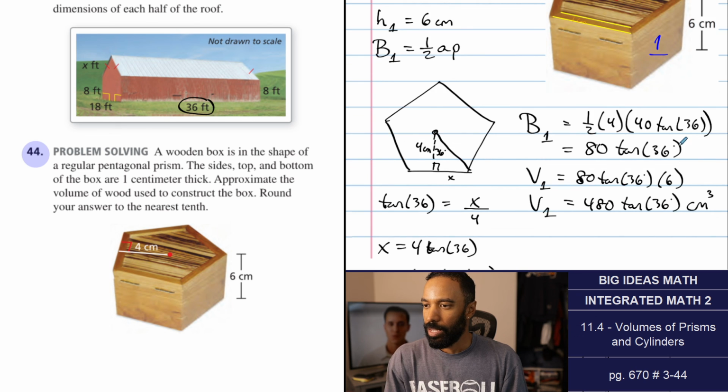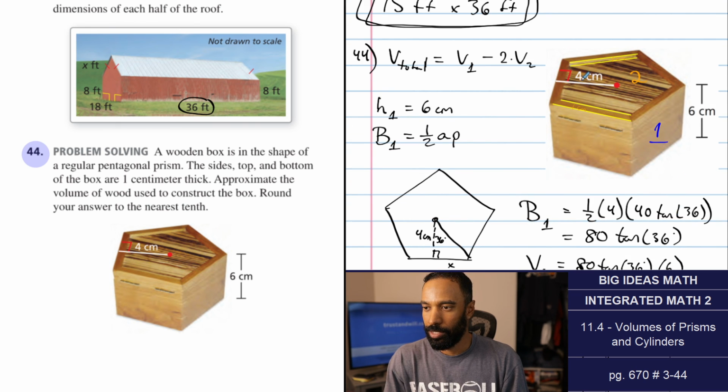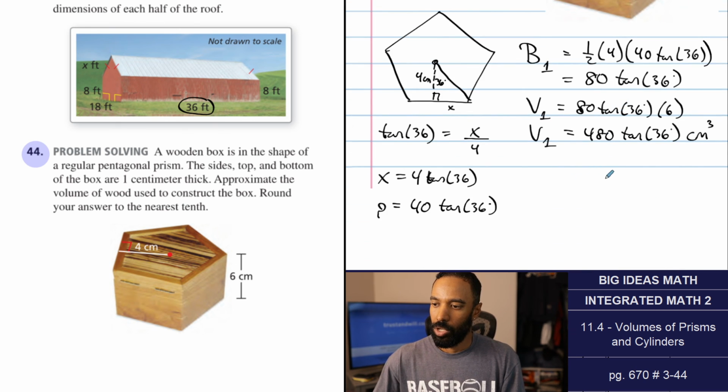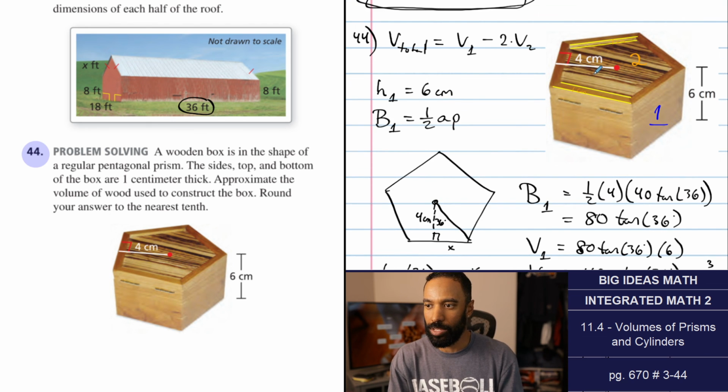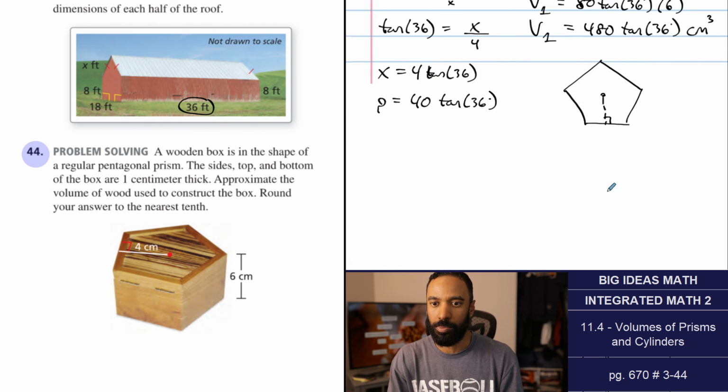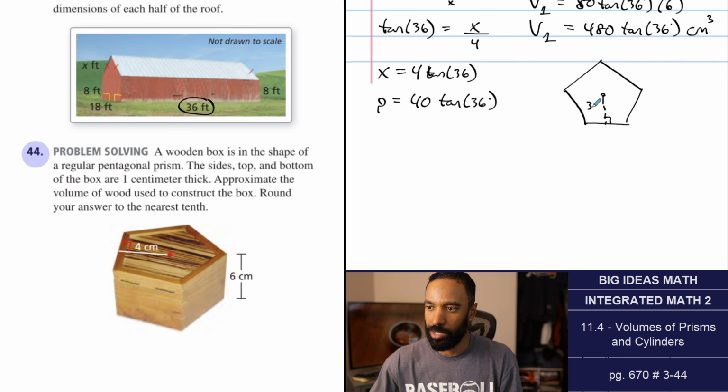That's object 1. Now object 2 is a smaller pentagonal prism with not too much I got to change here. Really, we just got to make sure that we follow the same patterns we had before. The difference is this is going to be 1 centimeter less of an apothem, which means it's going to be 3 centimeters. Same 36 degrees and all that kind of stuff.